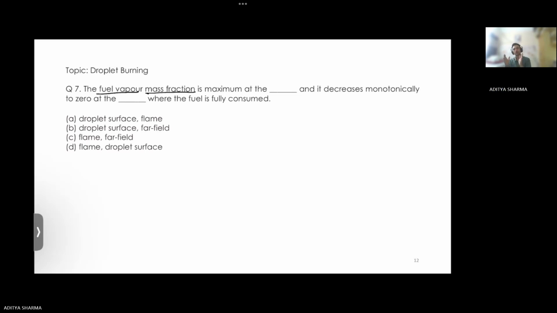So when you see the flame, the mass fraction of the fuel is minimum at the flame, and it is maximum at the droplet surface. So seeing the options, option A is the correct option.